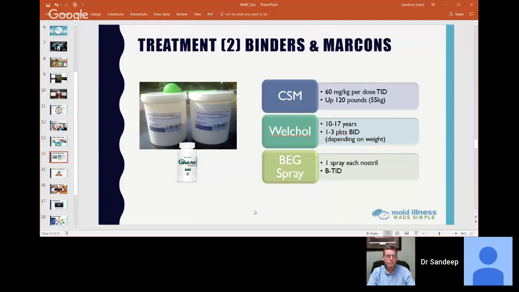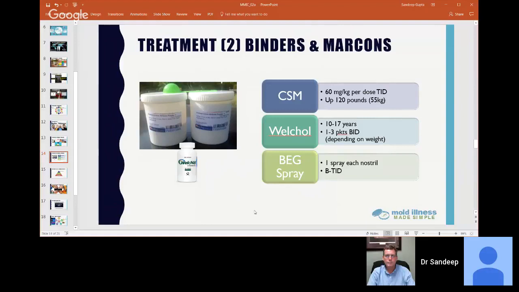So if you introduce binders into the system, we can latch onto these biotoxins and take them out of the system into the stool, and those biotoxins no longer can be triggering the inflammatory cycle in your body, or the silent fire of inflammation. So the most common binder and the most effective binder is cholestyramine.